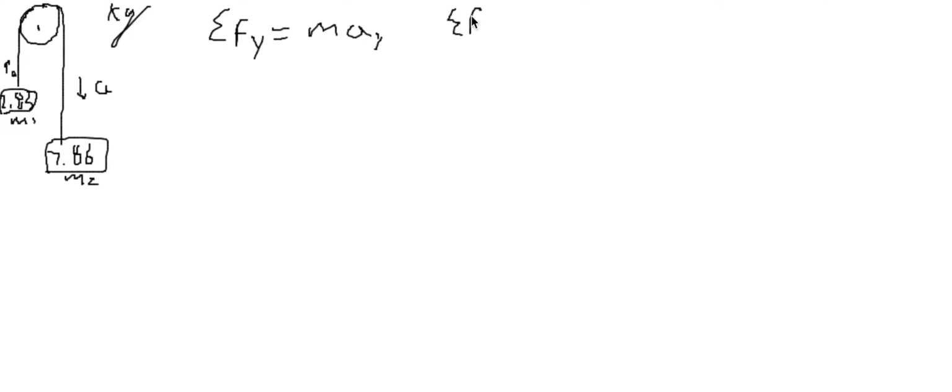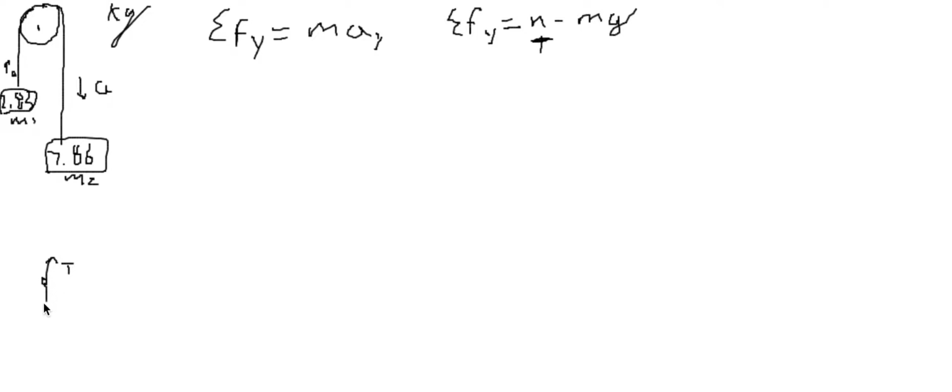And the sum of forces in the y direction is also equal to normal force minus mass times gravity. And in this problem, the normal force is going to be the tension of the string, because our free body diagram will look like this.